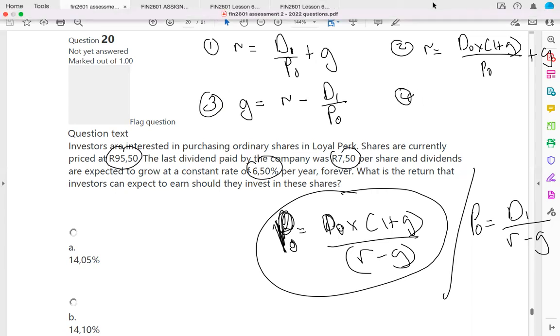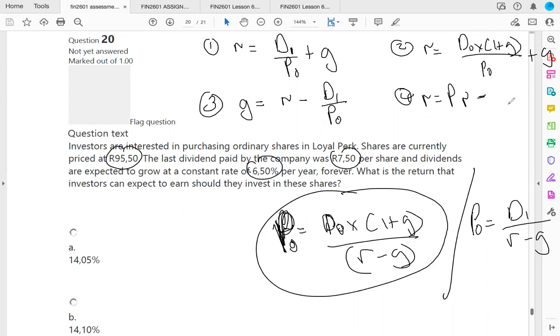And if we've been given the current dividend, meaning we've been given D0, the formula becomes G is equal to P times R minus the current dividend, over the current dividend plus P.